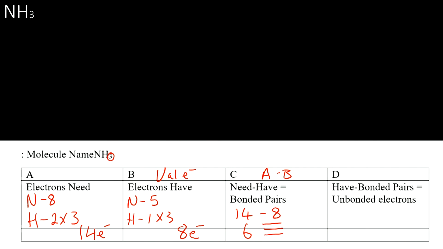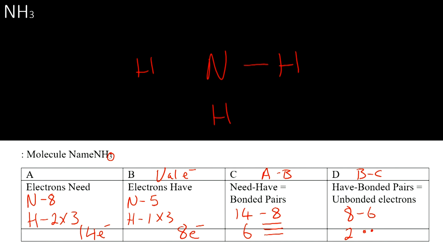So that's 3 lines we will draw. And then for D, B minus C, 8 minus 6, giving us 2 electrons, or 1 pair of electrons that will not be bonded to anything else. Nitrogen is in the center, it's the least electronegative. Our hydrogens are on the outside, 1, 2, and 3.